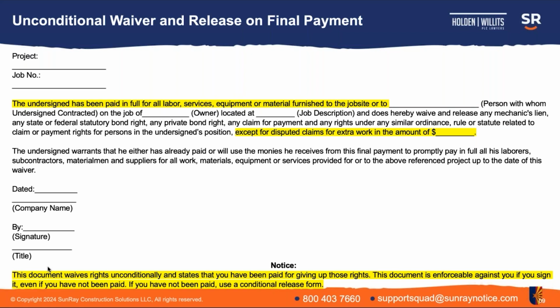If you don't, you are in a precarious position. And because this is an unconditional waiver and release, the notice that we saw in the unconditional progress waiver is again present at the bottom of this waiver.